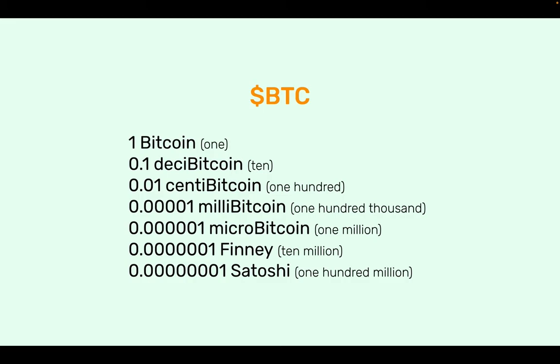in general, and for payments they're expressed in this way, which is exactly the same quantities but expressed inverted. So 1 Bitcoin is 1, 0.1 is a decibitcoin, like I said before. It's basically 1 Bitcoin divided by 10. 0.01 is a centibitcoin, which is equivalent to the 1 cent of the dollar or national currencies.